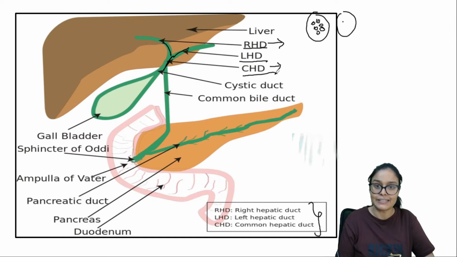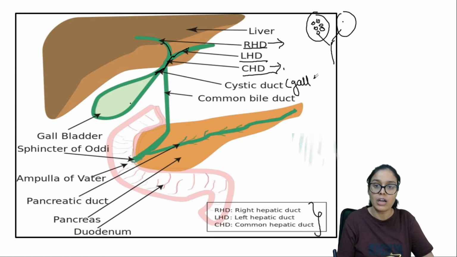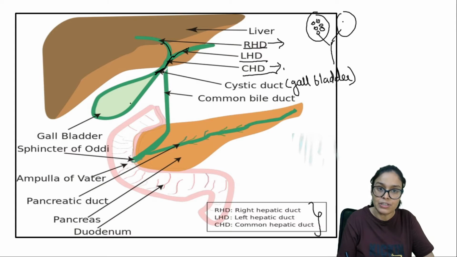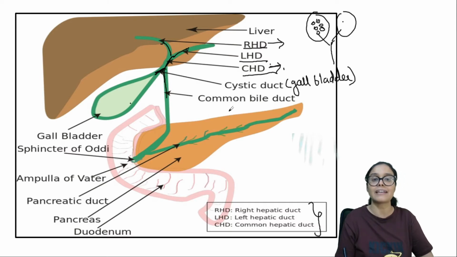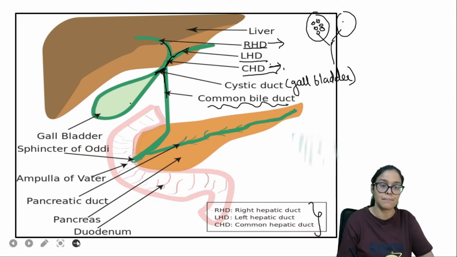Common hepatic duct means जहां left, right लोब दोनों की डक्ट खुलेगी, बाइल जूस को लेकर आएगी in the common hepatic duct. And the duct of the gallbladder, so it is the duct of the gallbladder known as the cystic duct, will combine with the common hepatic duct, will fuse with the common hepatic duct and form the common bile duct, which you have to remember.